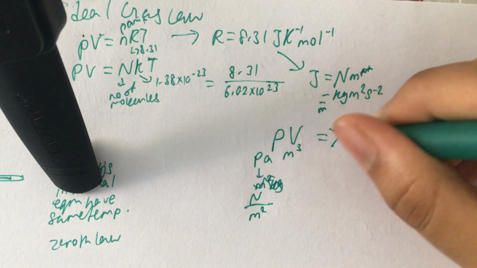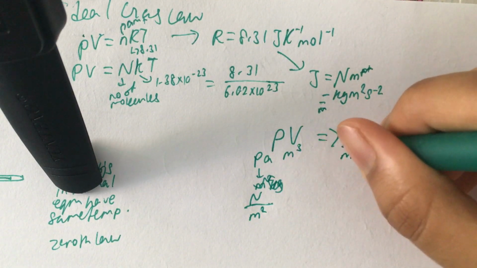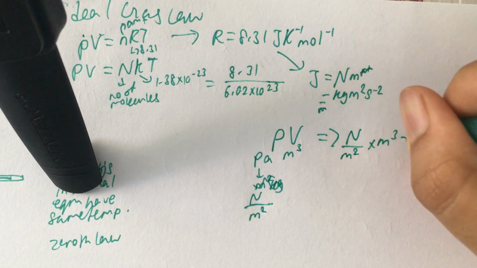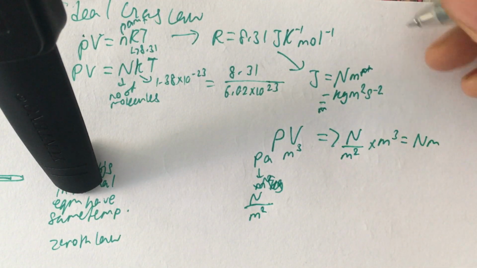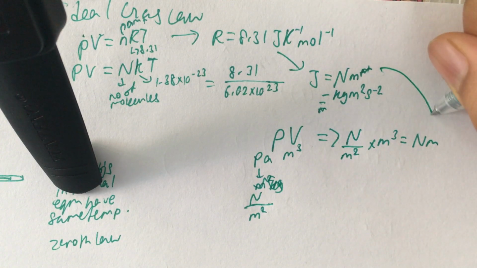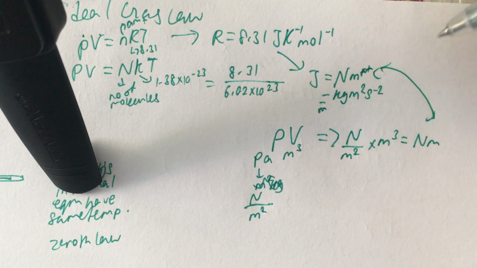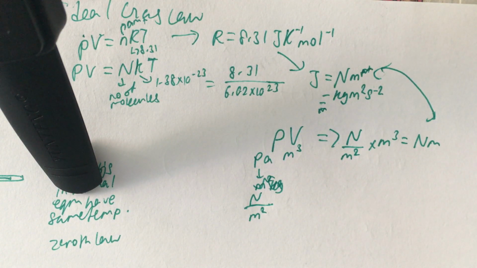If you have meter cube, then you times it by meter 3 times, and then you get Newton meters. Okay, never mind, I don't know what I just said, but you get the idea. You use Pascal and meter cube. That's what will work. Simple as that.